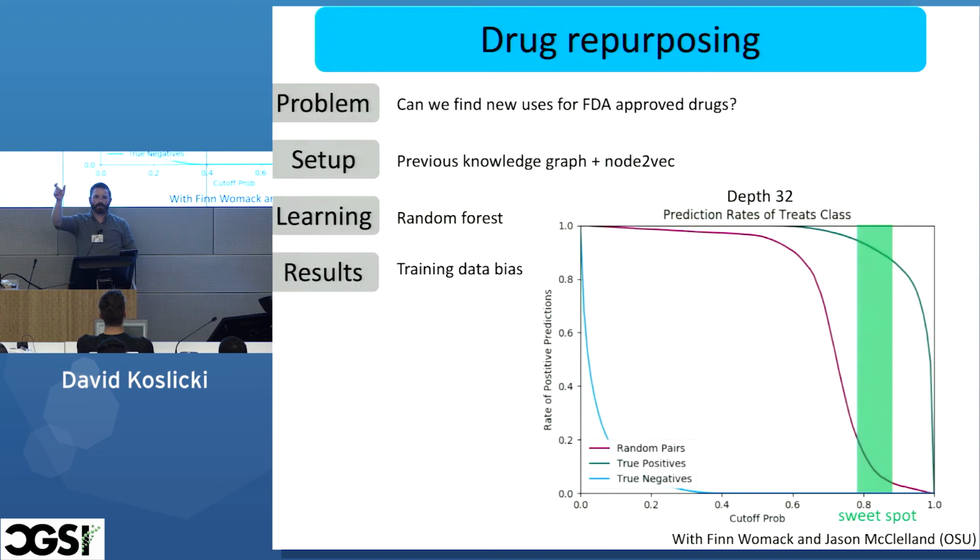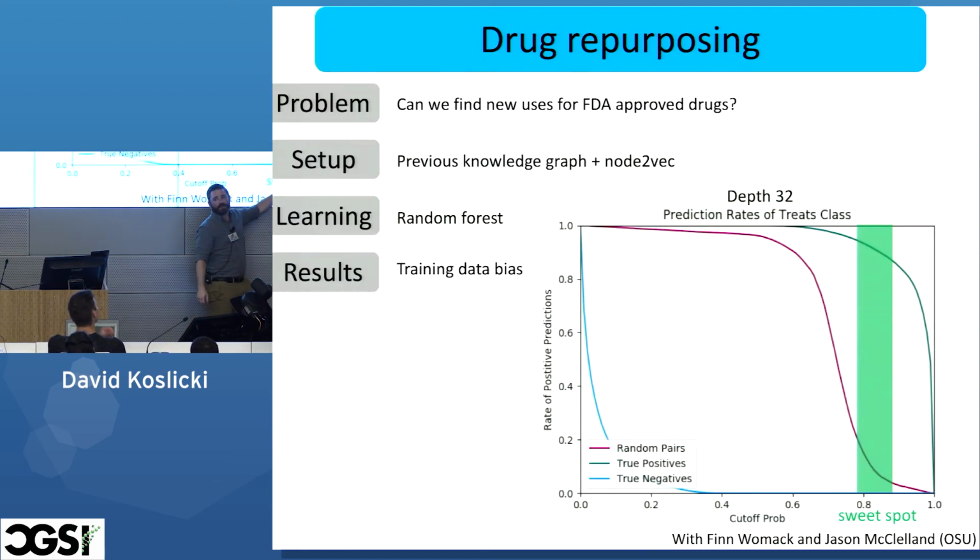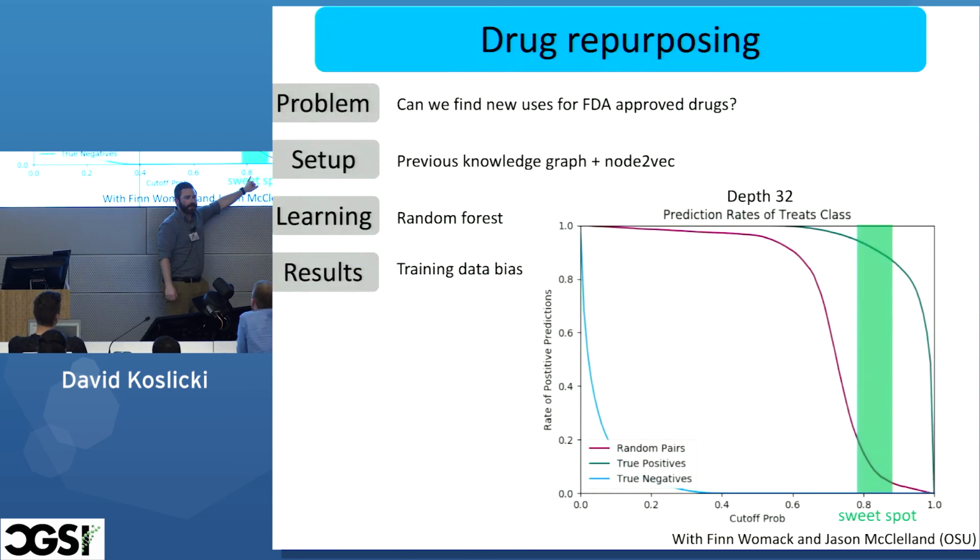So if we set our cutoff probability so that a random forest value greater than 0.8 is a positive, with high probability it'll correctly get the true positives, and only a small fraction of random pairs will be predicted to treat. Does that work?